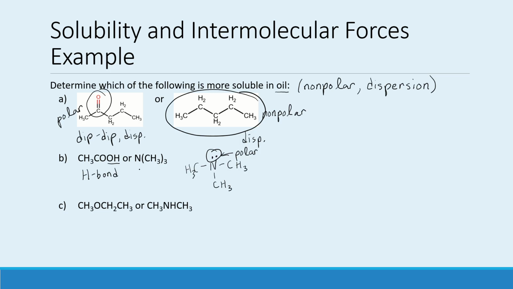Okay, so it will have dipole-dipole interactions. However, none of those hydrogens are directly bonded to that nitrogen, so you will not have hydrogen bonding, and it's going to be most similar to something that's nonpolar with only dispersion, right? We want to avoid anything that has hydrogen bonding to mix in oil.